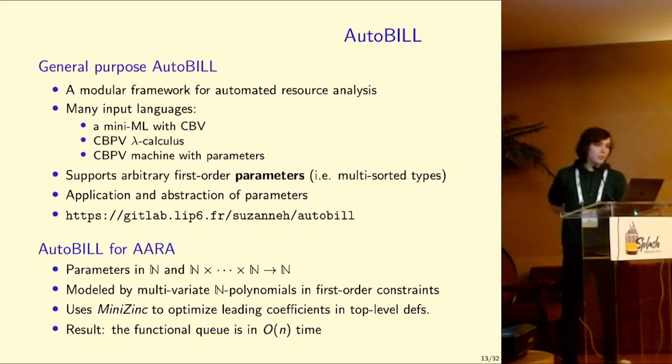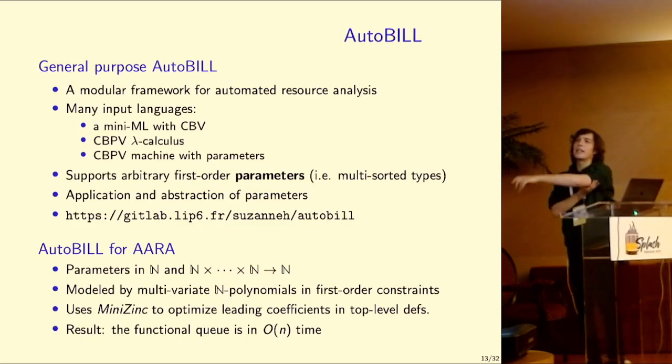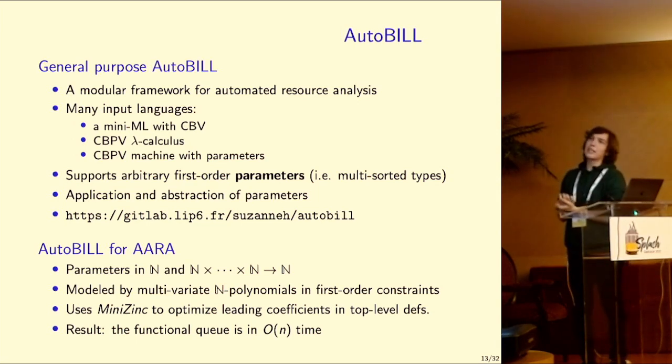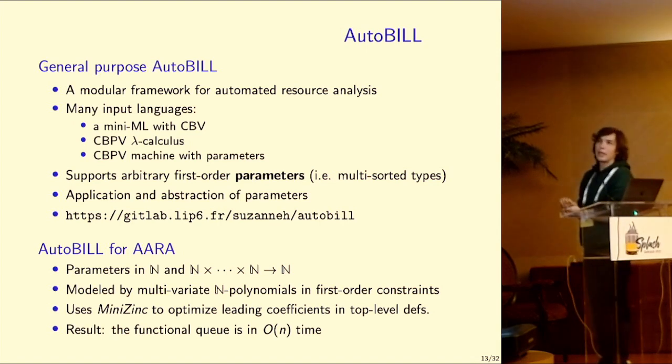Autobill is the project we implemented. It's a modular framework for automated resource analysis, and it supports many input languages. So an OCaml-like programming language with call by value semantics, but also a call by push value lambda calculus, and directly the machine with explicit parameter types.